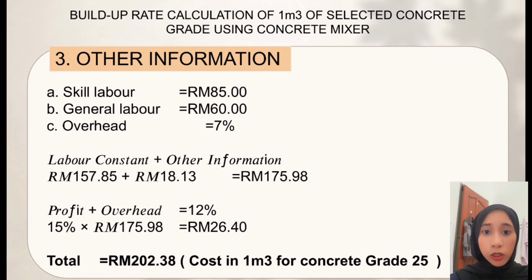For the overall cost of 1 meter cube of concrete grade 25, we sum 175.68 plus 26.40 and get a total of 202.38 ringgit.